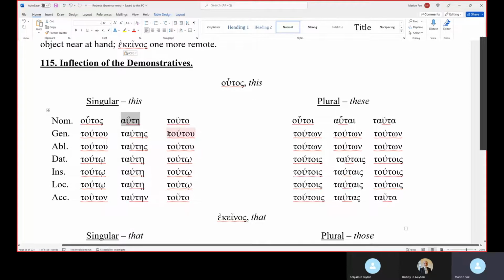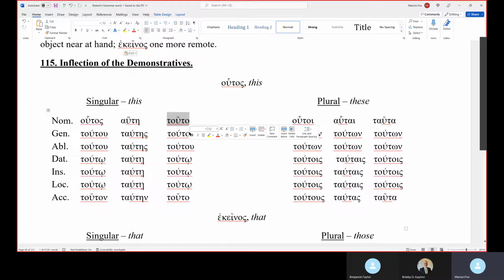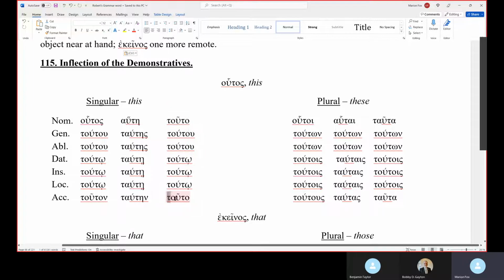Now, here's something you keep running into, and it's pretty well universal. The nominative singular neuter and the accusative singular neuter are the same. You'll find it also when you get to the plural. Instead of this, it's these, and the nominative plural neuter and the accusative plural neuter are the same.